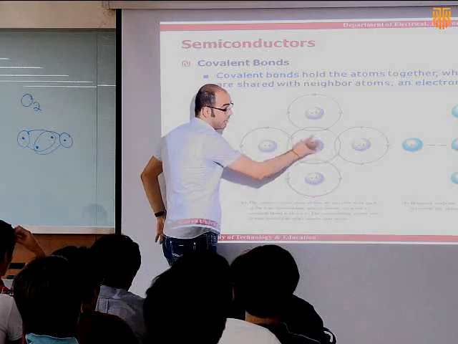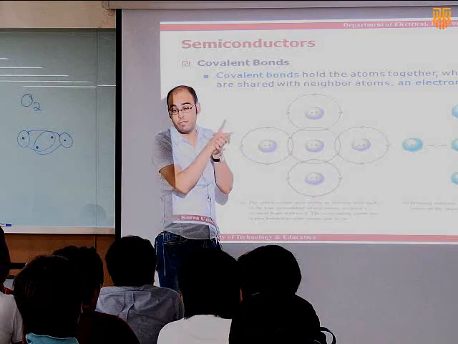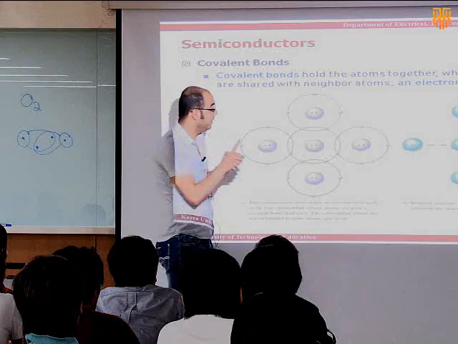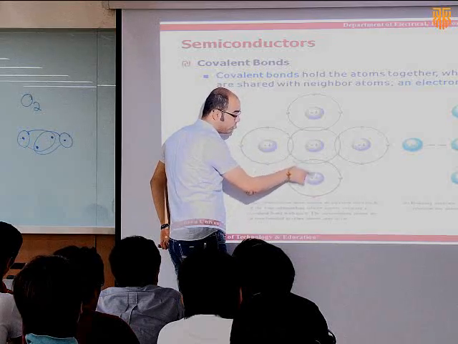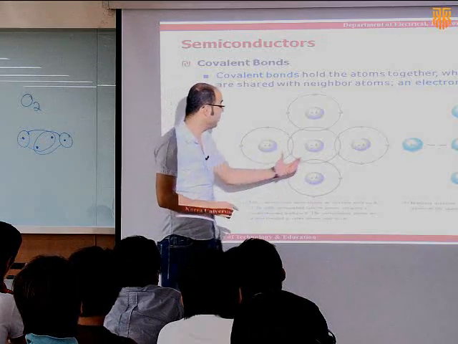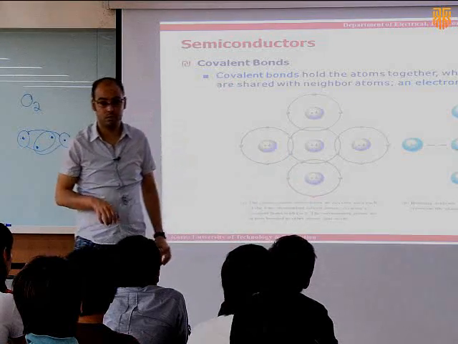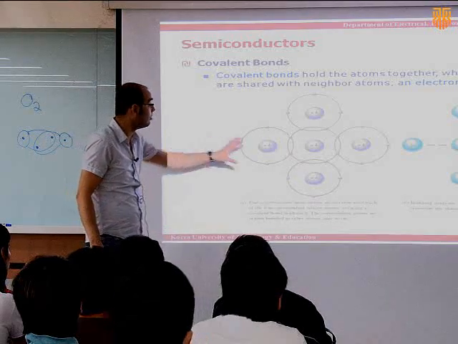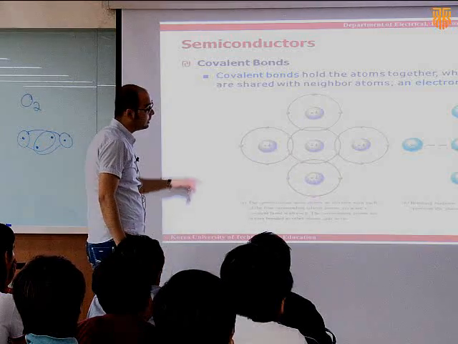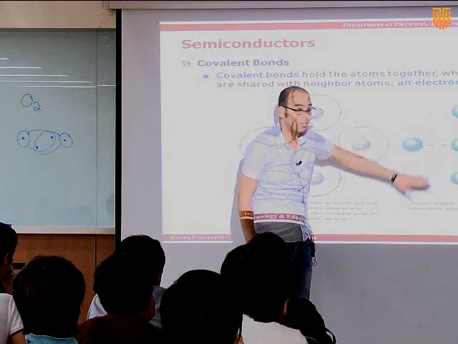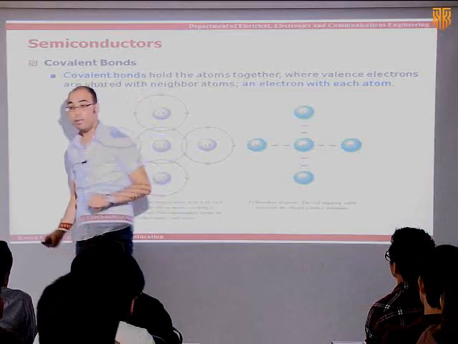It has 4 electrons in the valence shell, right? It shares 1 electron with this atom, 1 electron with this atom, 1 with this, and 1 with this. So this atom has 8 electrons, so it becomes stable. So it is stabilized in this way, and this one with others, and so on, for the whole structure. This can be represented in the bonding diagram in this way, where 2 electrons are shared, 2 are shared. Okay, fine.